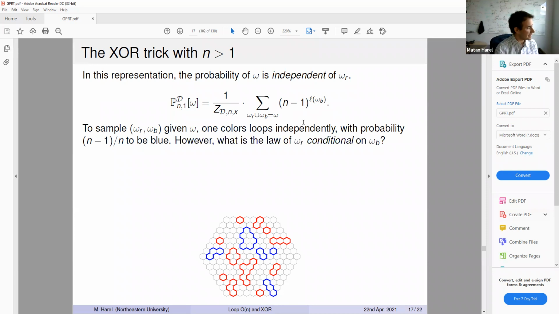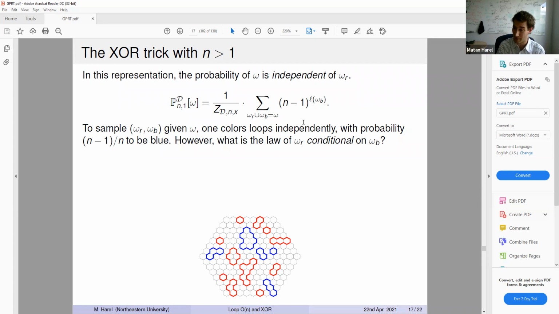The question I'd like to ask is, suppose I don't tell you all the loops. I just tell you the blue loops. Given that information, what's the distribution of the red loops that are left over? If I gave you omega, it's just the loops that are left over.